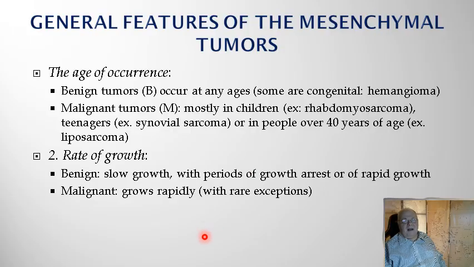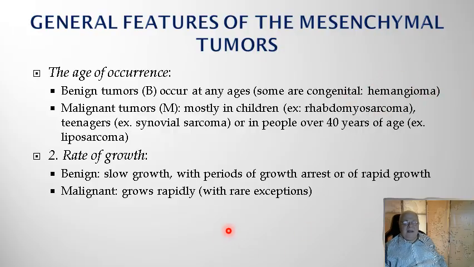As a general feature for this group of soft tissue tumors, they can appear at any age. The carcinomas and epithelial tumors, in fact, were much more specific for the elderly and extremely rarely affected children. Here they can be at any age, sometimes being present even from birth as birthmarks, like hemangiomas.